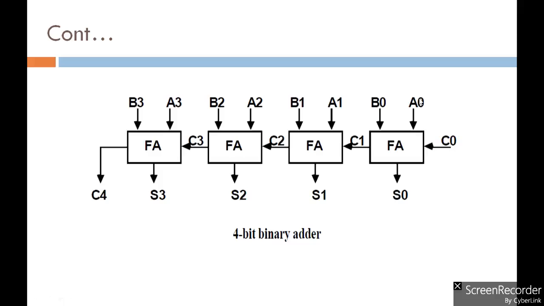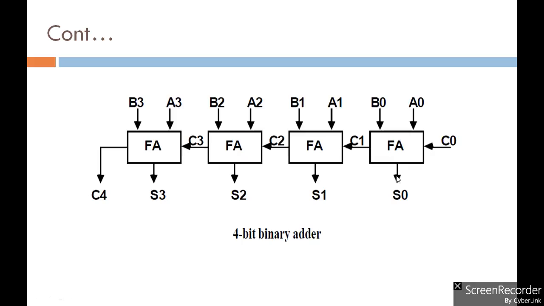These are the bits from 2 different binary numbers given as input to each full adder. Along with them, the input carry C0 is also input to the first full adder, which is always 0 because it is the starting point of the addition.